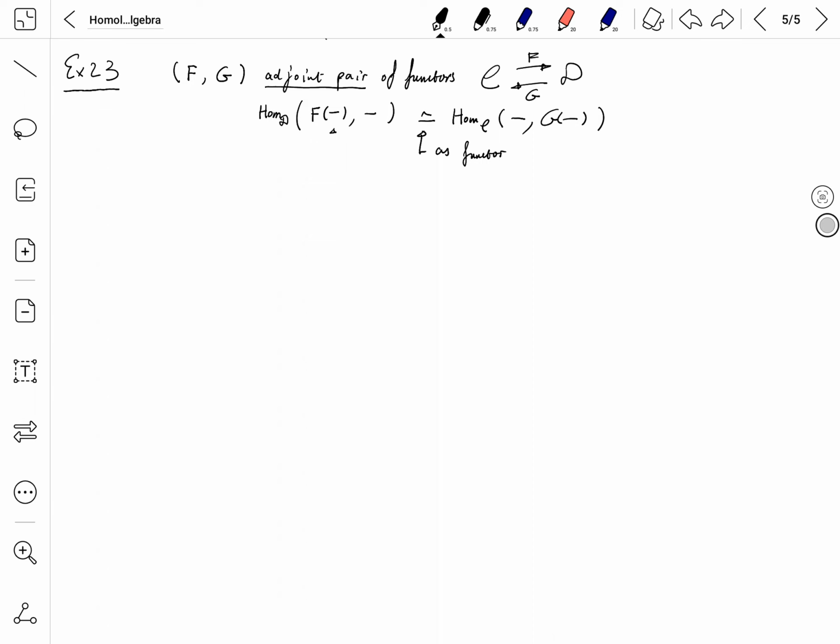And the exercise asks you to prove that this information is equivalent to the following information. Firstly, the morphism of functors from F composed with G to the identity functor over D, as a natural transformation.